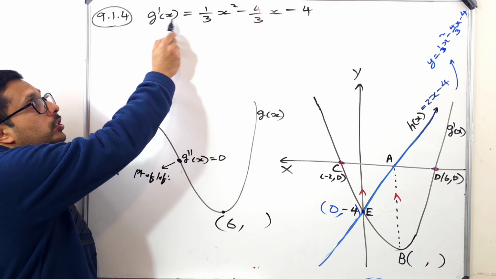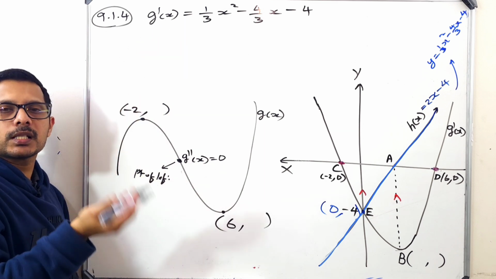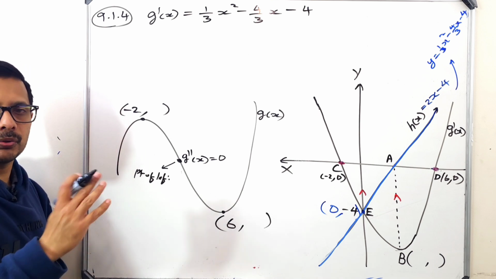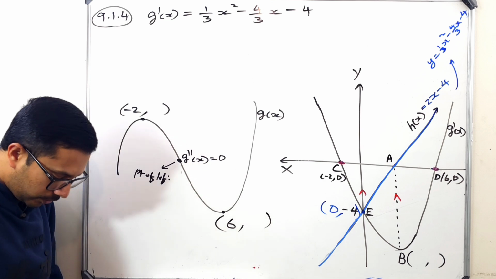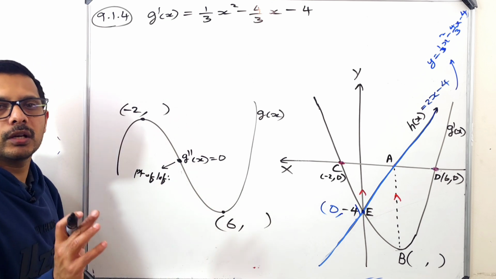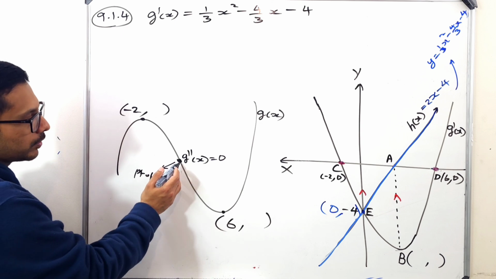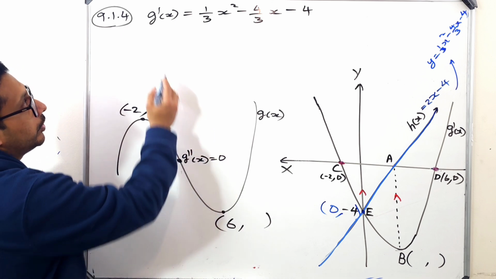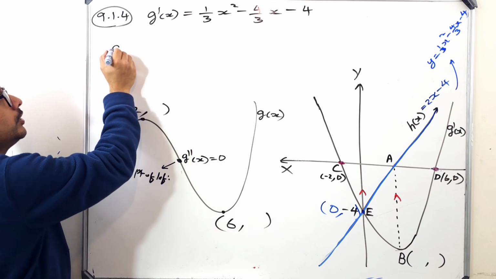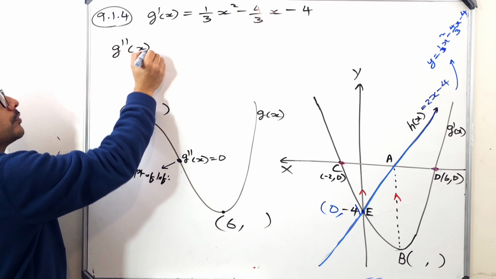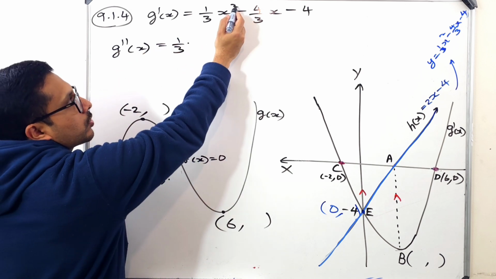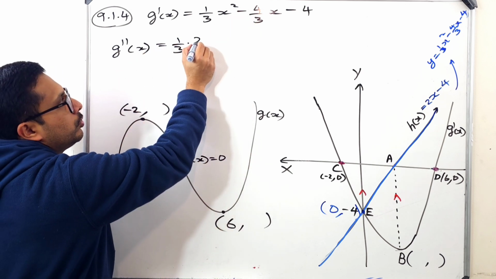We know the first derivative, g dash of x. What is the second derivative? There is an easy method, and I will explain that one after this. Both methods you have to understand, because we don't know how they are going to ask the question. After this, I will explain the easy method. So what is the second derivative? Isn't this the first derivative? Just find the second derivative, g double dash of x. That means we have to differentiate this again. So it is 1 over 3 times x squared. What is the derivative? 2x.